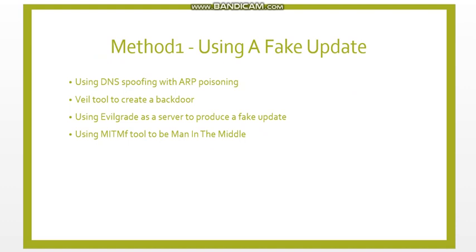This scenario will work anytime if we are the man in the middle. We are going to use a method called DNS spoof with ARP poisoning and a tool called Evilgrade, which will act as a server to produce the fake update.